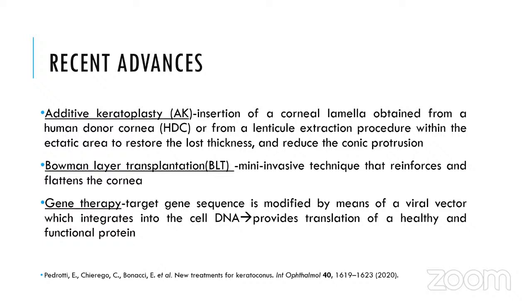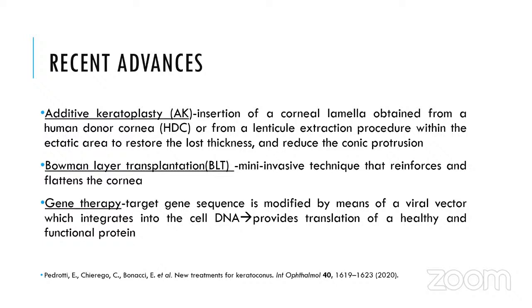Then another thing is topo-guided laser ablation with CXL, a combined procedure. That can also be done. The aim of that treatment is that you reduce the amount of aberrations while correcting with CXL also.